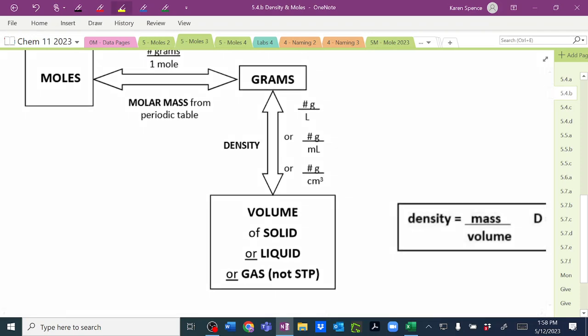If you are given the volume of a solid, a liquid, or a gas, not a solution, you can find its mass by using the density to do the conversion.